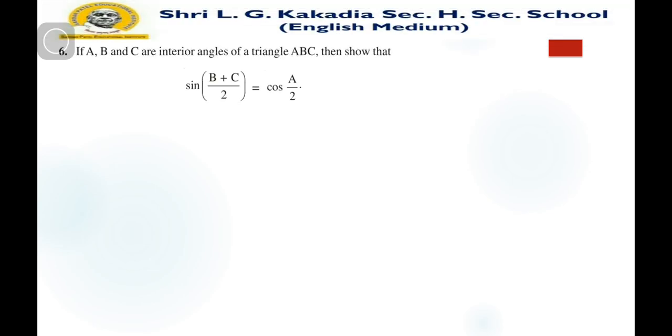6. If A, B and C are interior angles of a triangle ABC, then show that sin((B + C)/2) is equal to cos(A/2). Here we know that the sum of interior angles of a triangle is equal to 180.